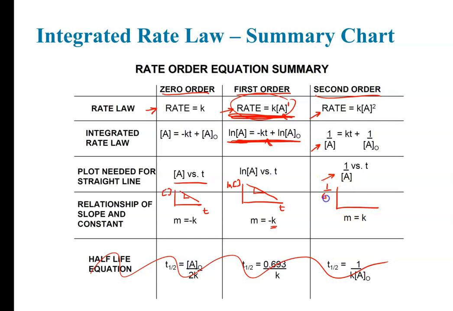This graph will always have a positive slope, and the slope of this line is k.